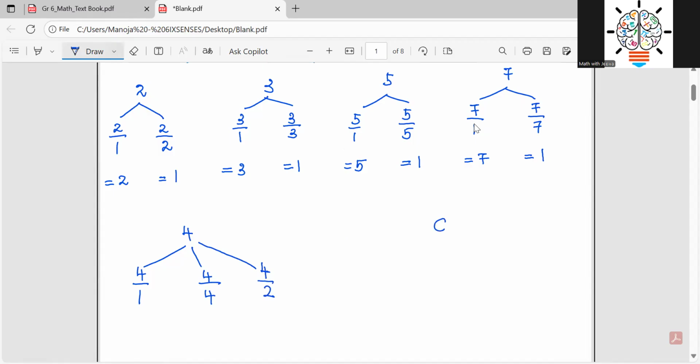If you take 6, what happens, children? 6 you can divide by 1, and by 6, but also by 2 and by 3. So now you can see why 4 and 6 are not prime numbers.